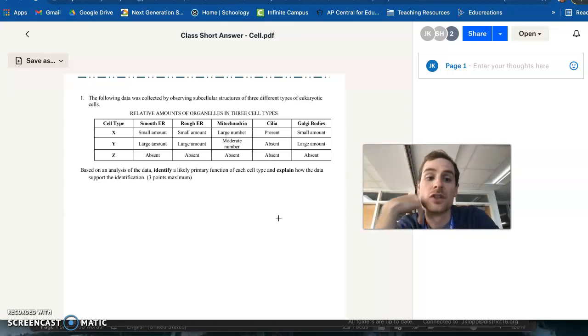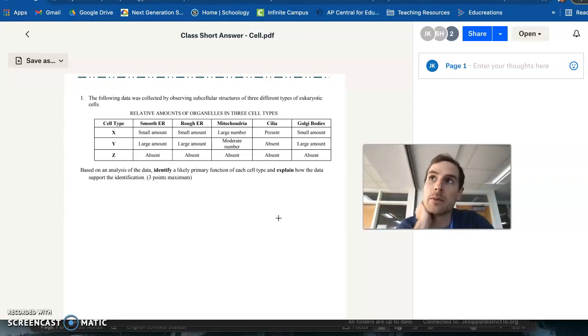Based on the table above, identify a likely primary function of each cell type and explain how the data supports the identification. So you've got 2 things that you are figuring out for 3 cells.